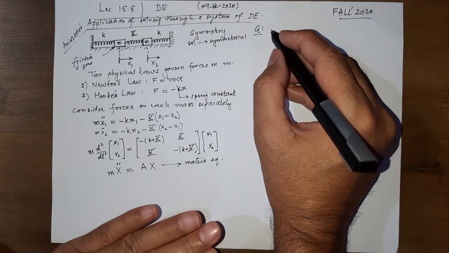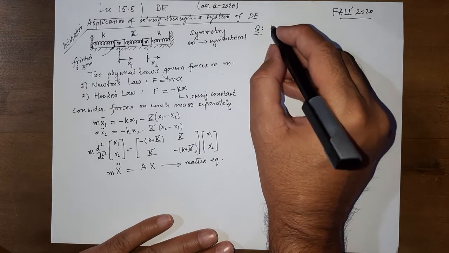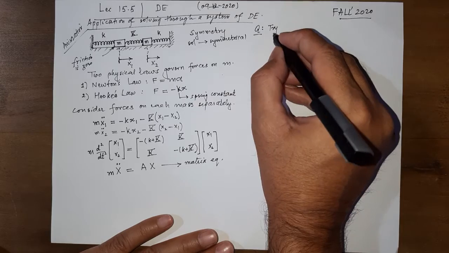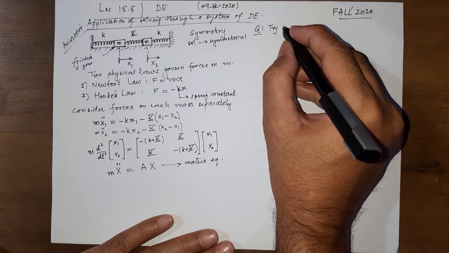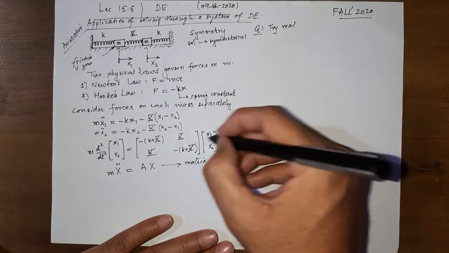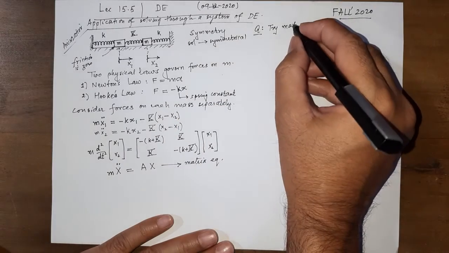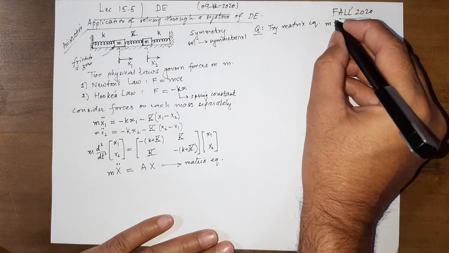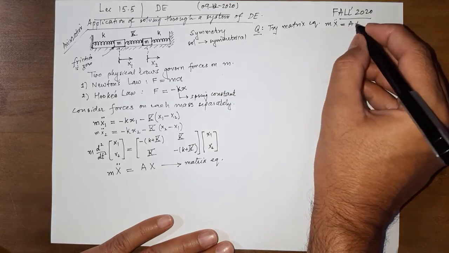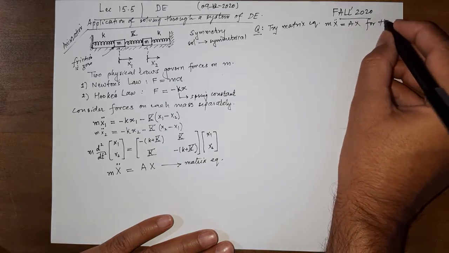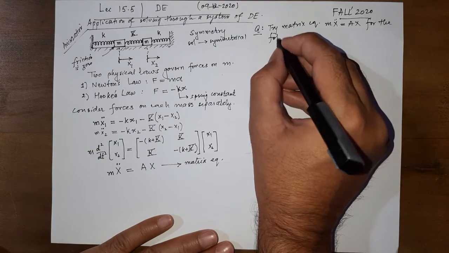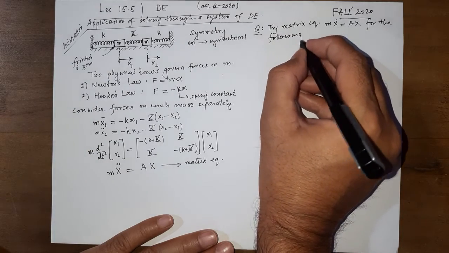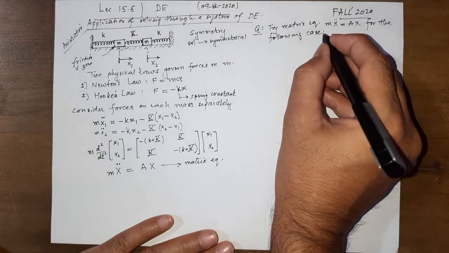It's not something that I'm going to give you in the exam, but you can at least try writing the matrix equation m x double dot equals Ax for the following case.